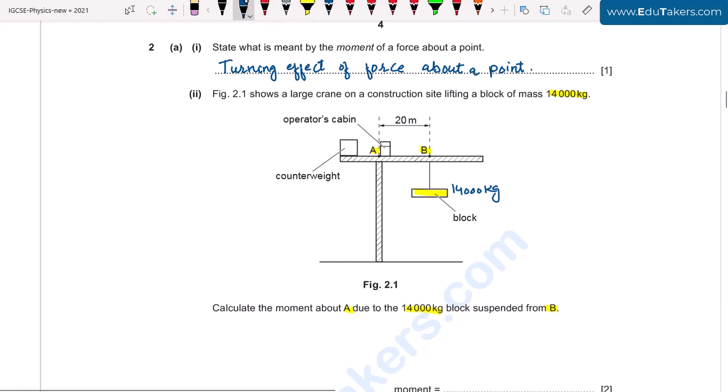So first of all we know that moment is equal to the product of force and perpendicular distance from pivot.